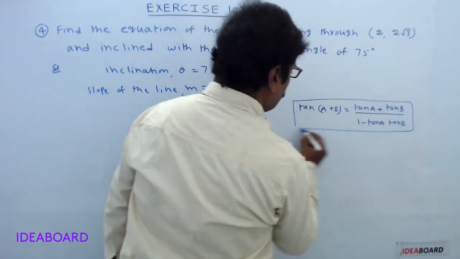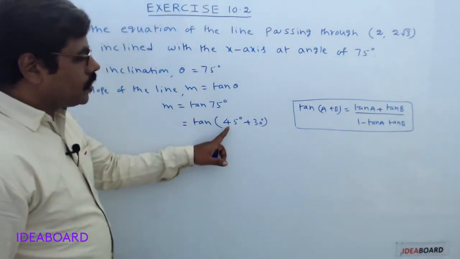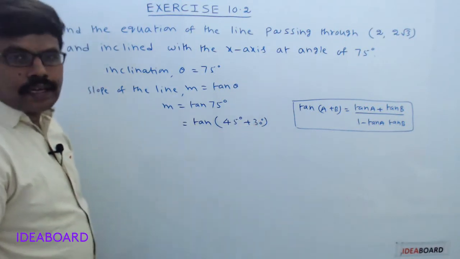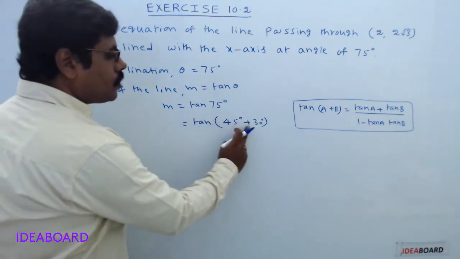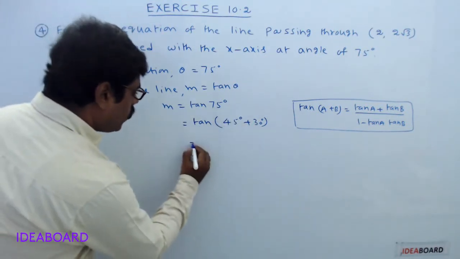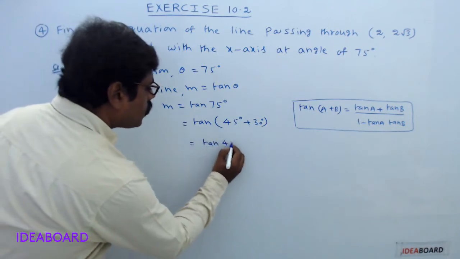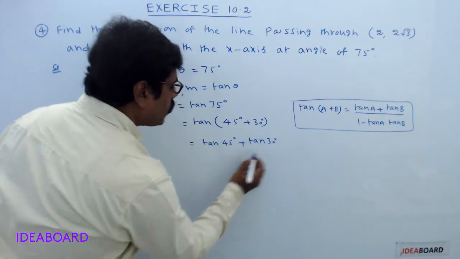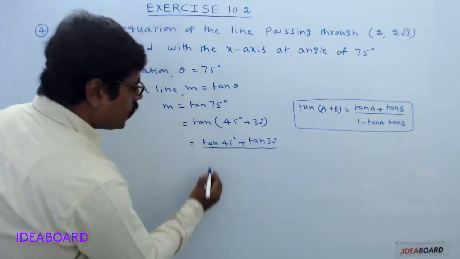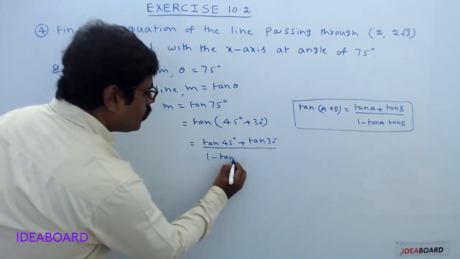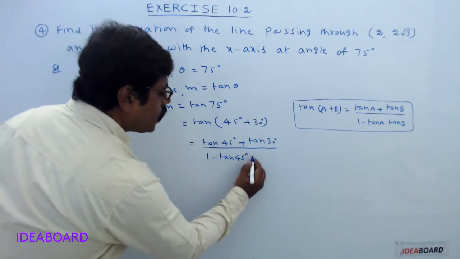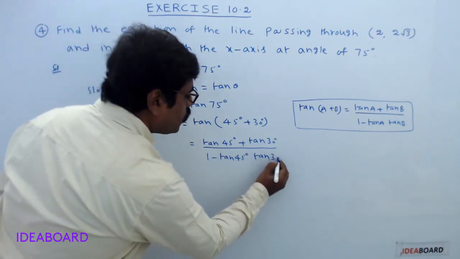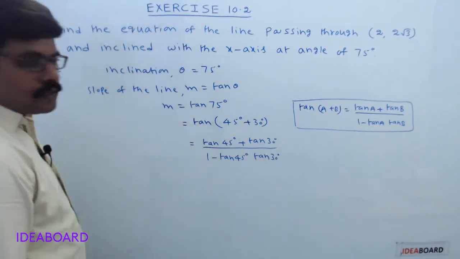So use this formula. Here a is 45 degrees, b is 30 degrees. So tan(a plus b) equals (tan 45 degrees plus tan 30 degrees) divided by (1 minus tan 45 degrees tan 30 degrees).